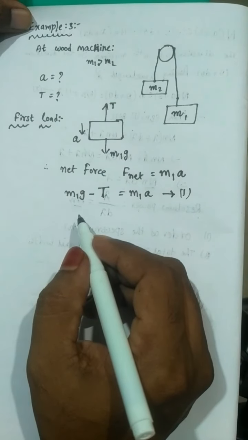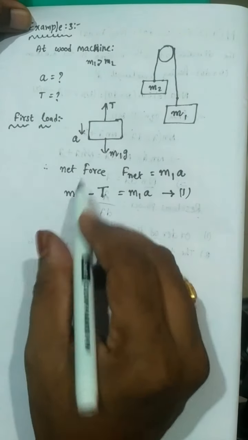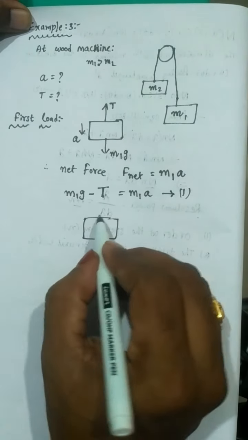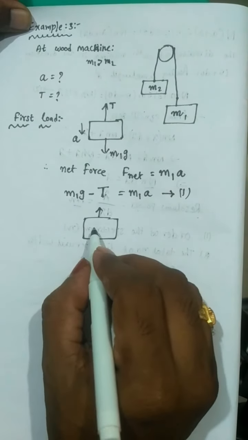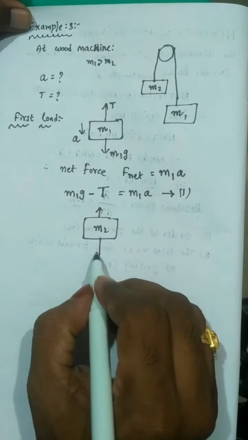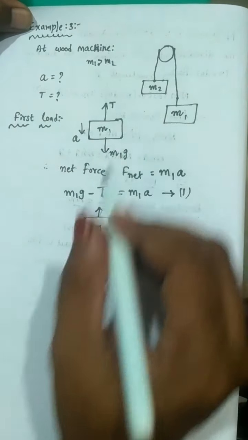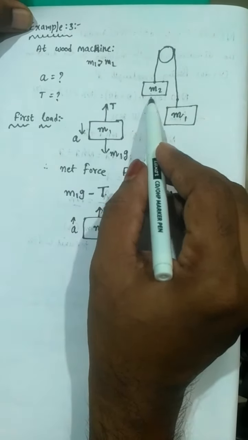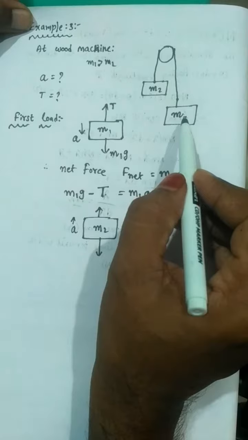Similarly, there is one more load, the second load, which has the mass m2. Here, if you observe, the acceleration is acting in the upward direction, because it has less weight compared to the first body.